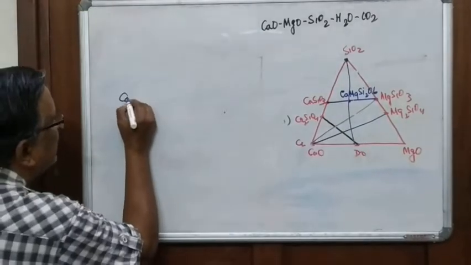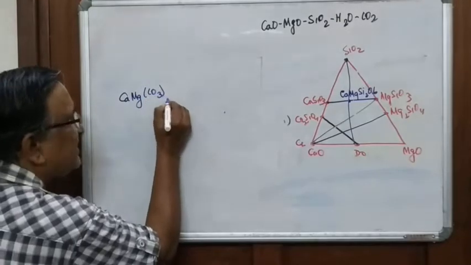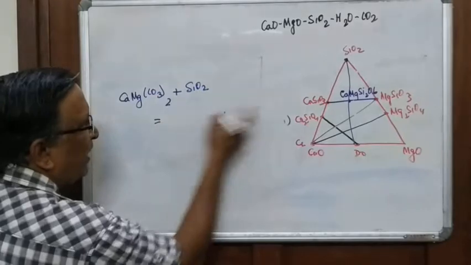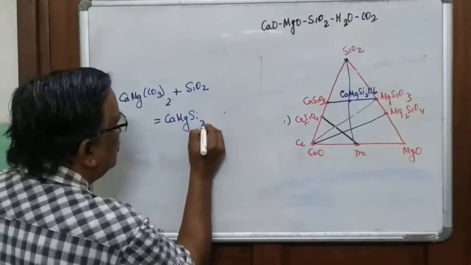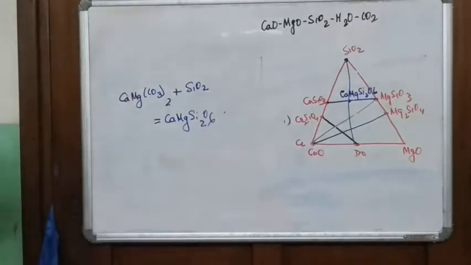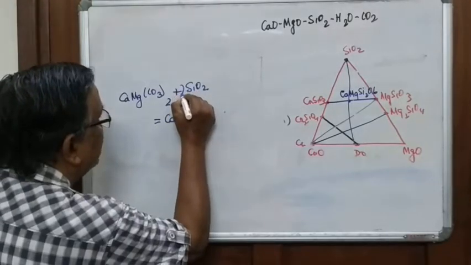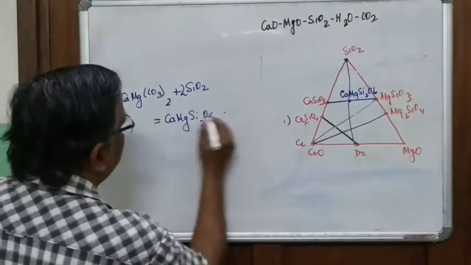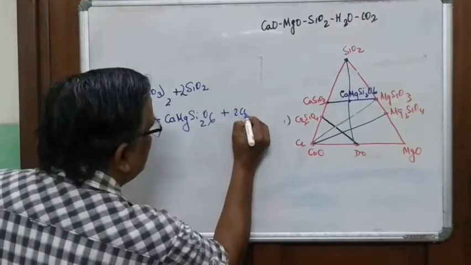So I write CaMg(CO3) whole twice, that is dolomite, plus SiO2, and this one is equal to CaMgSi2O6. Now you can see CaMg is here. I only have to change to SiO2. So this becomes 2SiO2. And then plus, here there are 2 carbon, so it's 2 CO2.